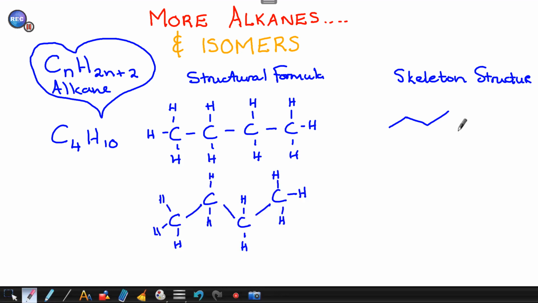They don't really test the skeleton formula, but if you go into chemistry and biology, because the molecules are macromolecules, they don't put all the symbols of the elements in there. They use a skeleton structure. They draw something like this, but this one is now for a simple molecule like butane.